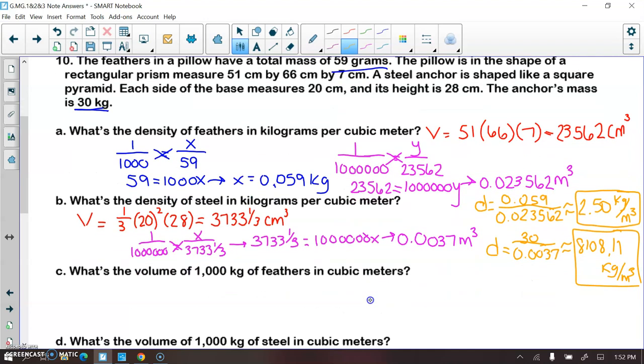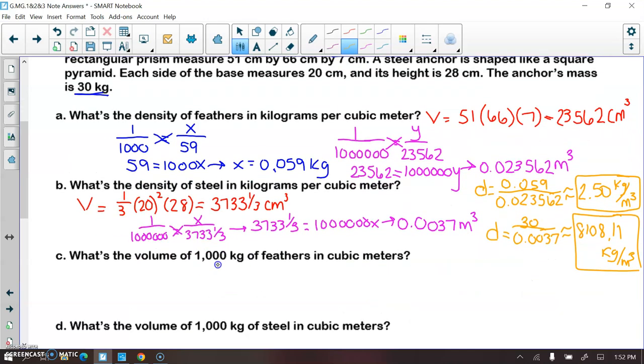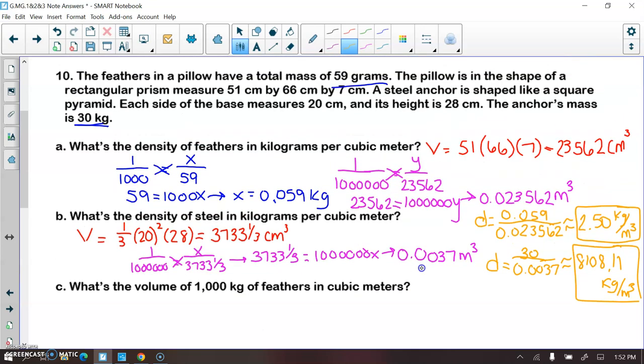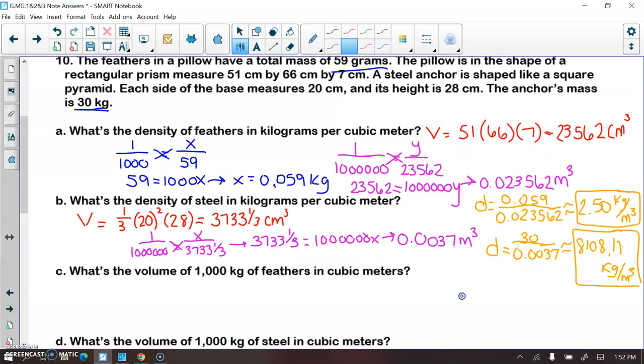Okay. So then it says, what's the volume of 1,000 kilograms of feathers in cubic meters? So I know the density of feathers in kilograms per cubic meter. So my density, which was approximately 2.5 kilograms per cubic meter, would be equal to 1,000 kilograms of feathers over my volume, which is what I'm trying to find.